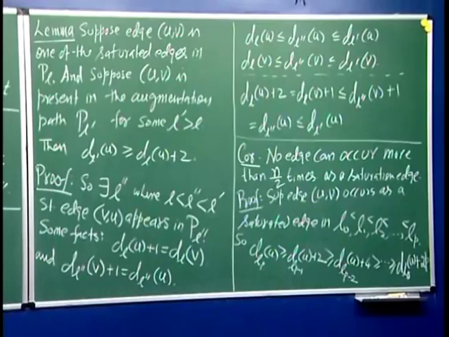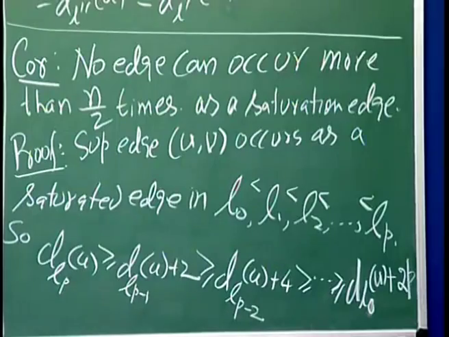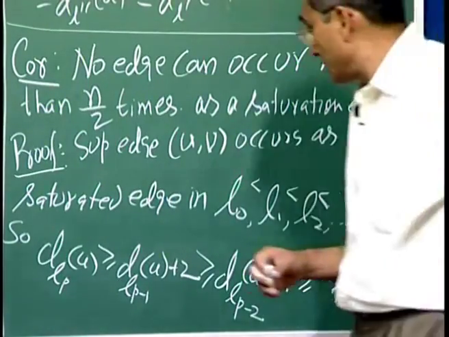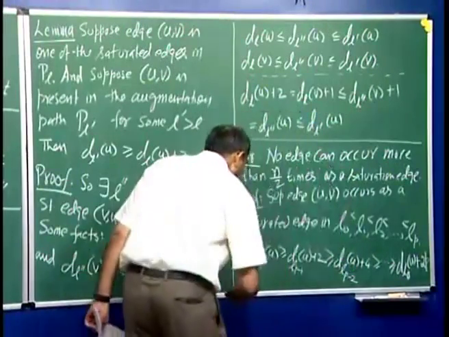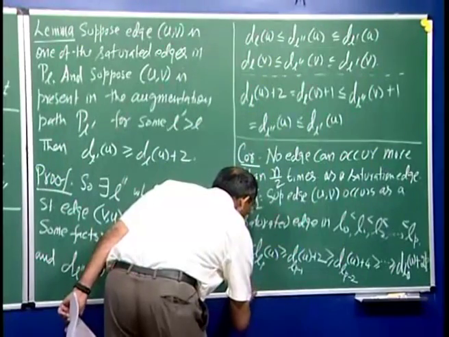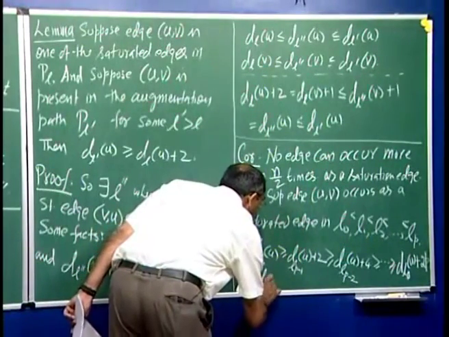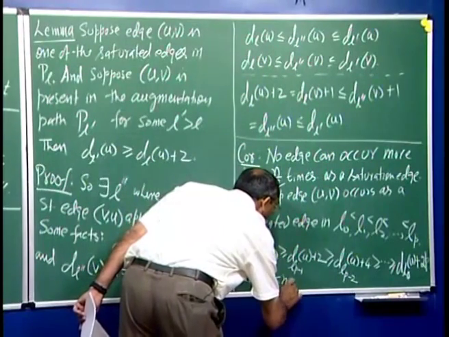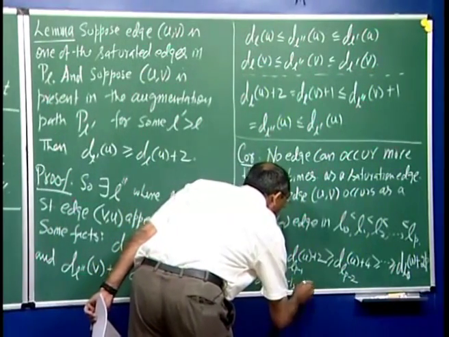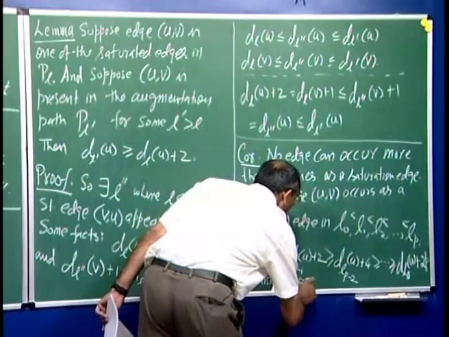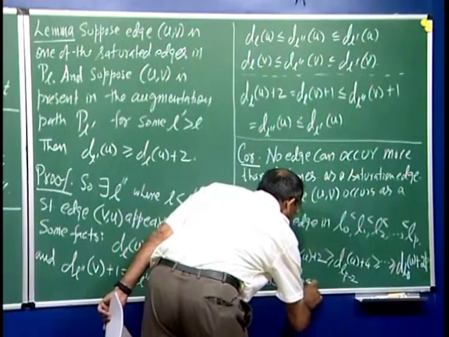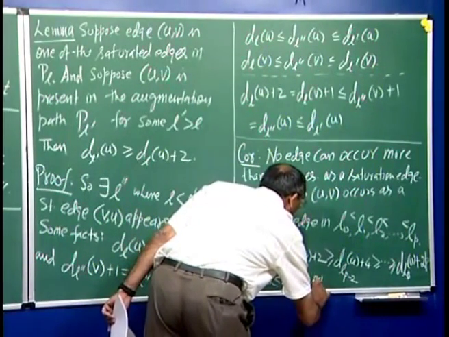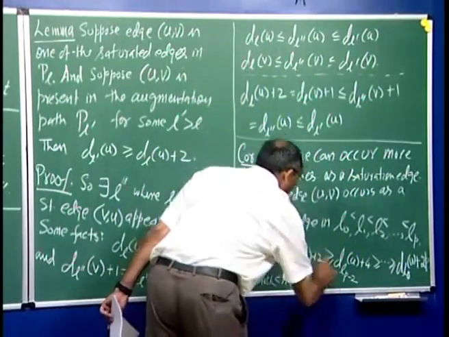But the distance can never be more than n minus 1 in a graph of n vertices. So, since distances are always less than or equal to n minus 1, we conclude that p has to be less than or equal to n minus 1 over 2.